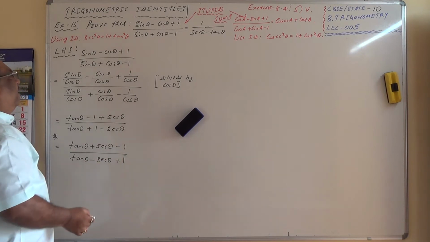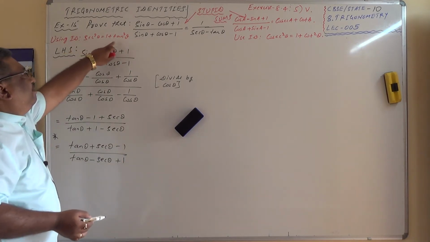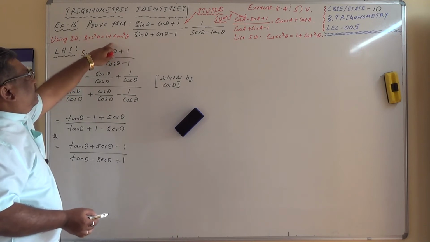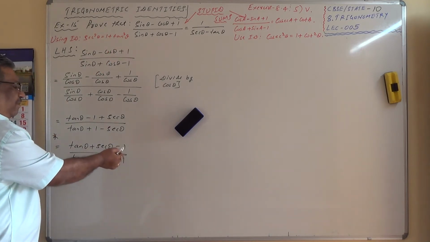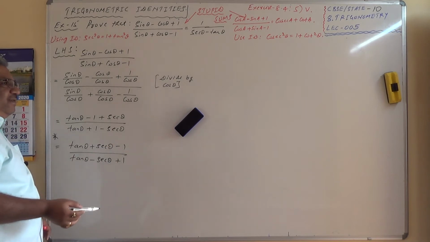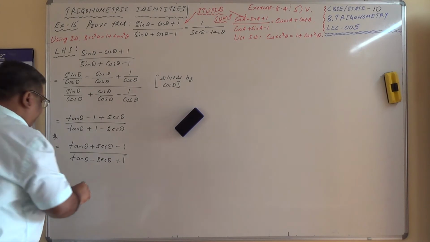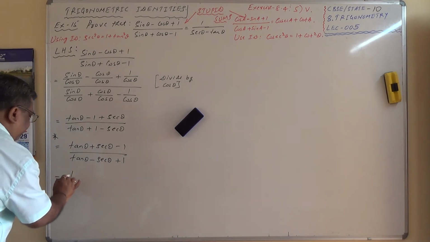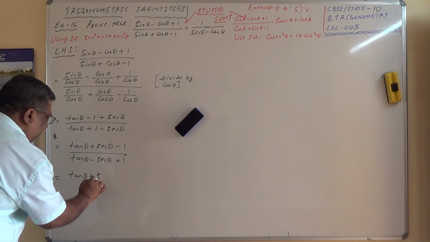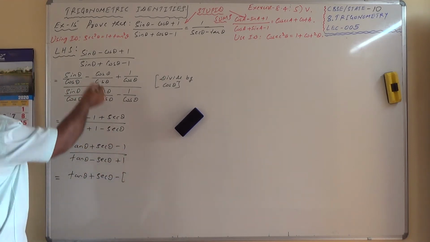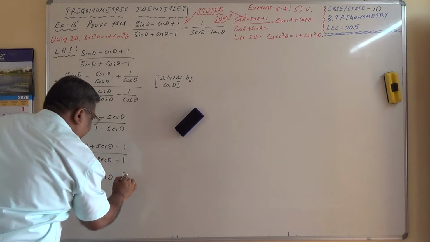1 is replaced by sec square theta minus tan square theta, because sec square minus tan square equals 1. So 1 is replaced by sec square minus tan square, that will be within the bracket, sign behind that. So this equals tan theta plus sec theta minus into bracket, what is 1? Sec square theta minus tan square theta.